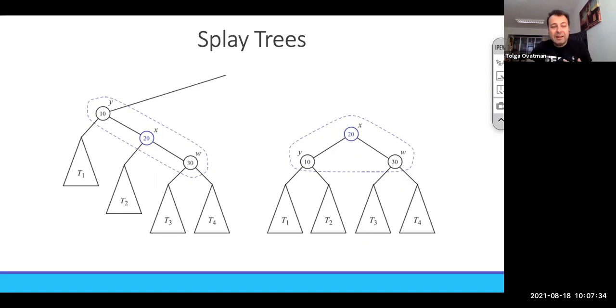If you make a lot of searches over some group of nodes, they keep going up. Even though this tree becomes imbalanced, the frequent searches bring up the nodes that you are searching for, so the frequent searches become more and more performant. This is the good thing about splay trees.